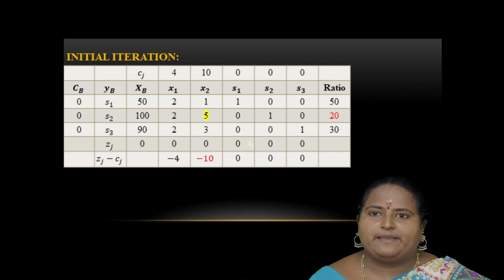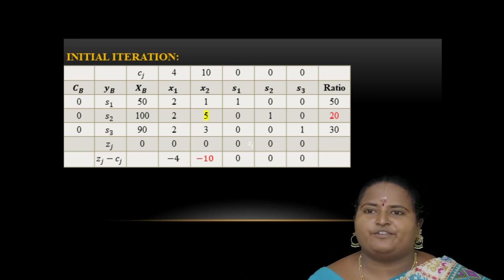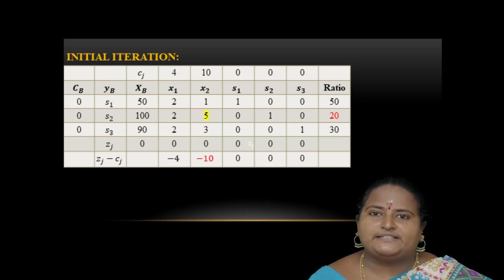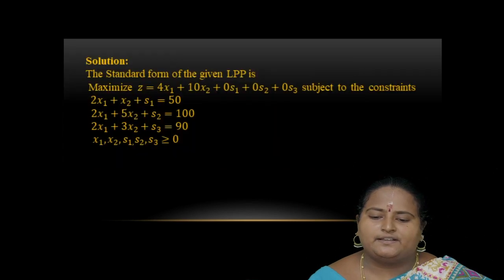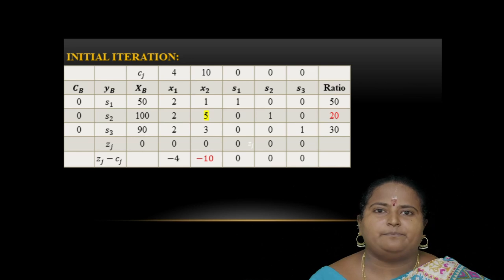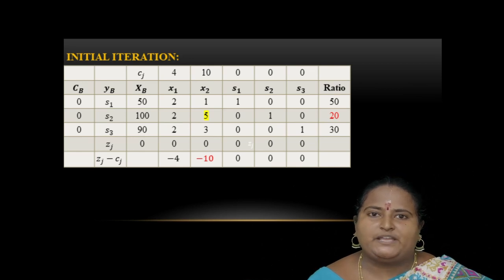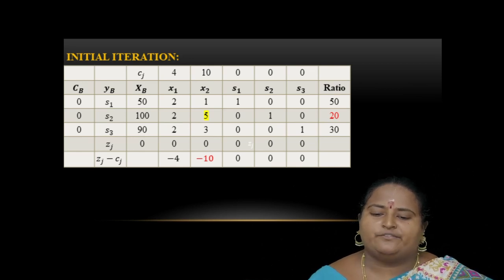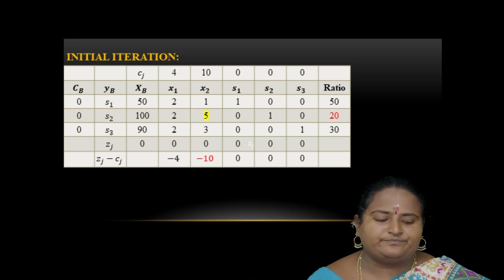Next, XB can be calculated by B inverse into b, where capital B, the basis matrix, is nothing but the identity matrix 3 cross 3. So when we multiply that inverse of an identity matrix with the right hand side constants, that is 50, 100 and 90, we get the same values, that is the XB column has the values 50, 100 and 90.